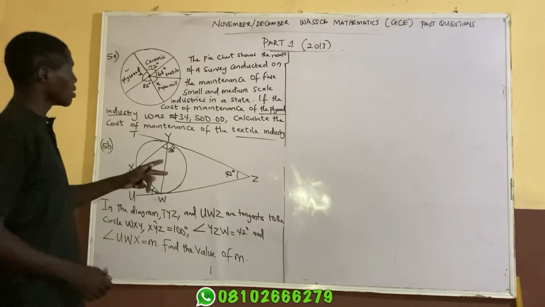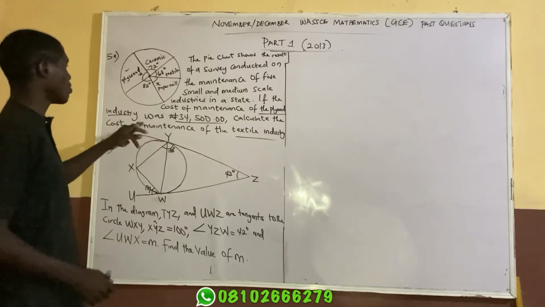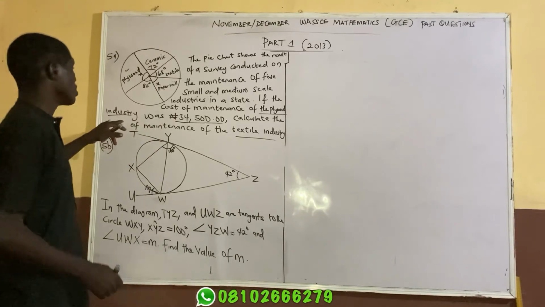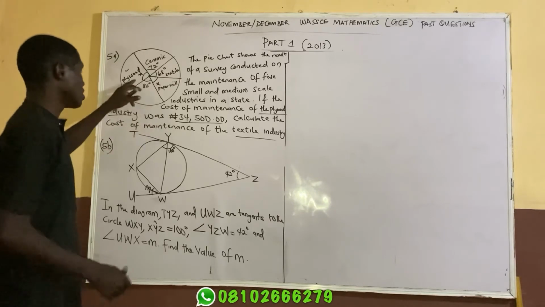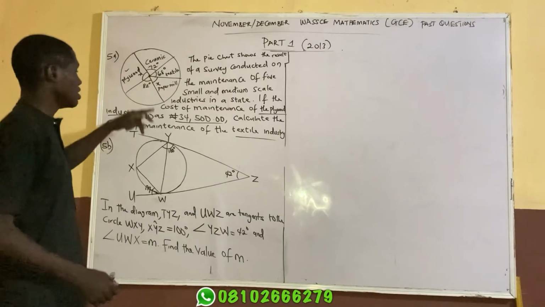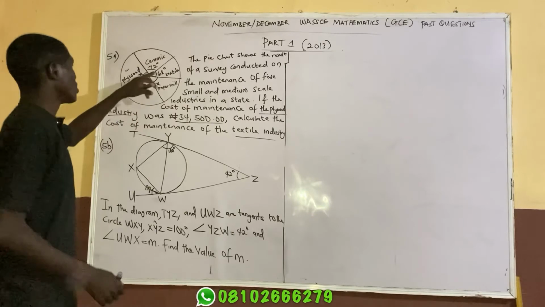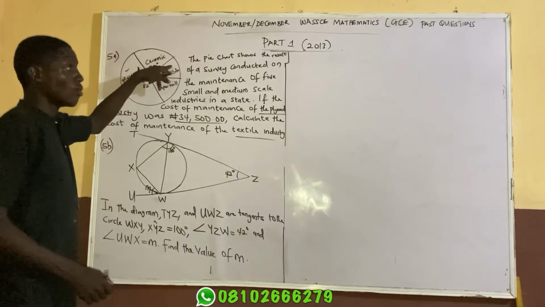Then we are told to calculate the cost of maintenance for the textile industry, given that the cost for the plywood industry was 34,000. What will be the cost of maintenance for the textile industry?